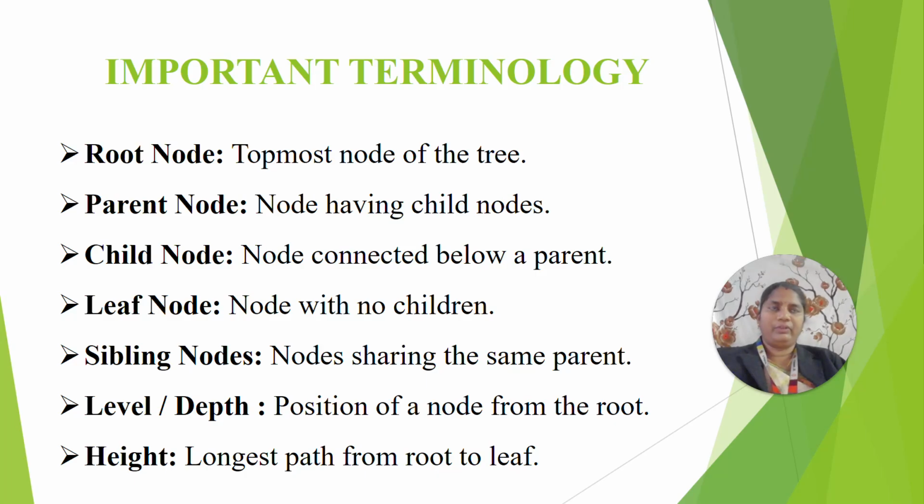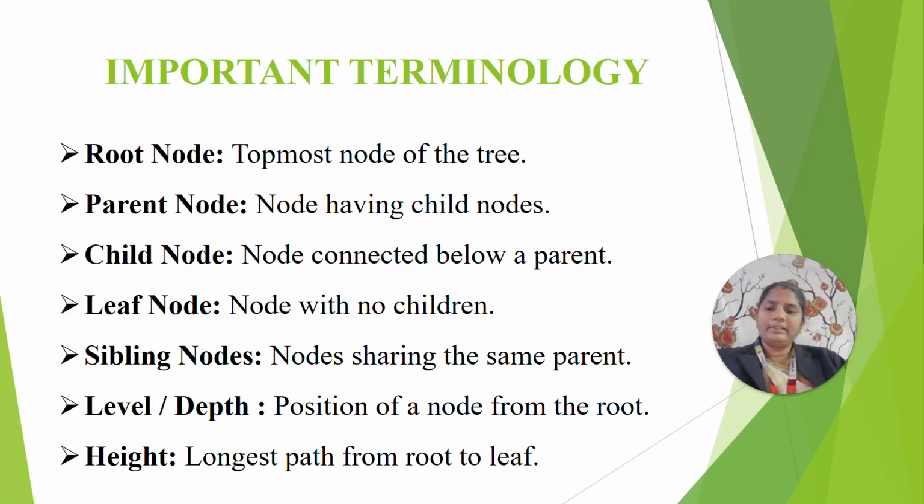The last one is leaf node. A leaf node is the one which does not have any children further. It will have only the parent, not the children. Next is sibling node. Nodes sharing the same single parent are called sibling nodes.